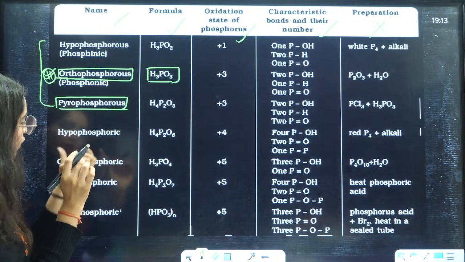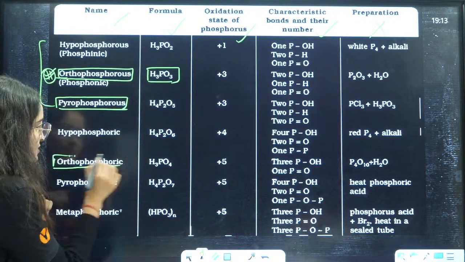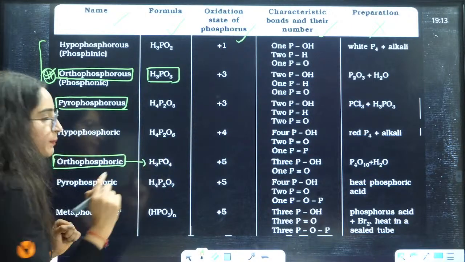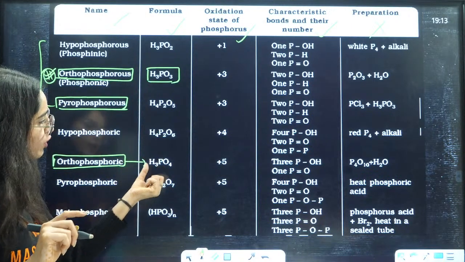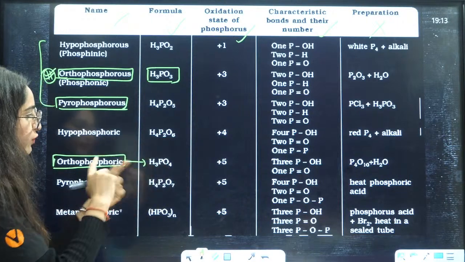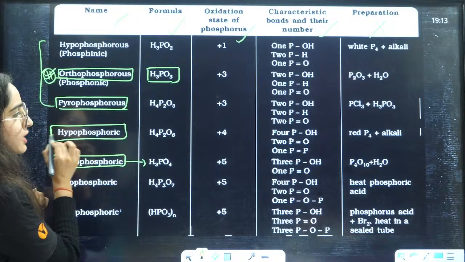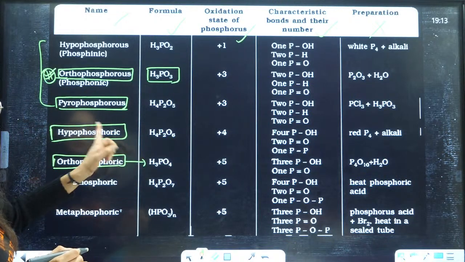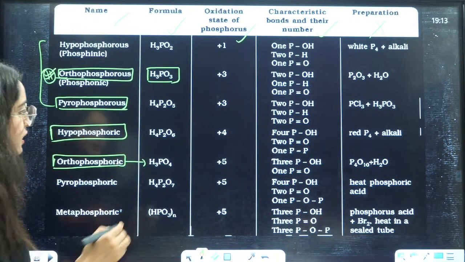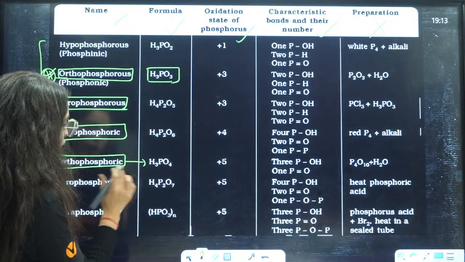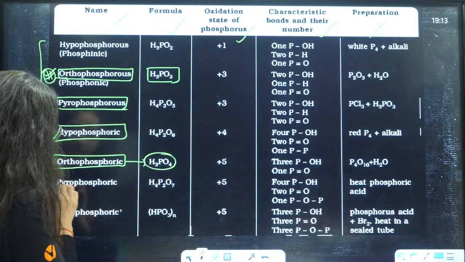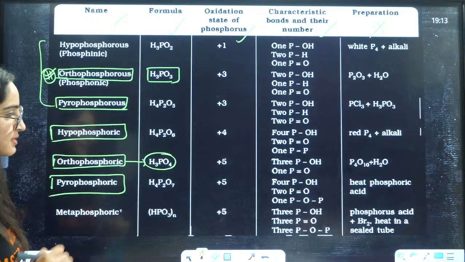Now let us talk about orthophosphoric acid. That is H3PO4. Now you have H3 and PO4. This is hypophosphoric acid. Now you remember what orthophosphoric acid is. This is your pyrophosphoric acid.